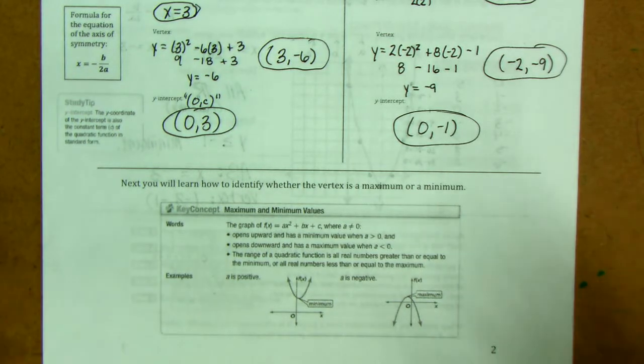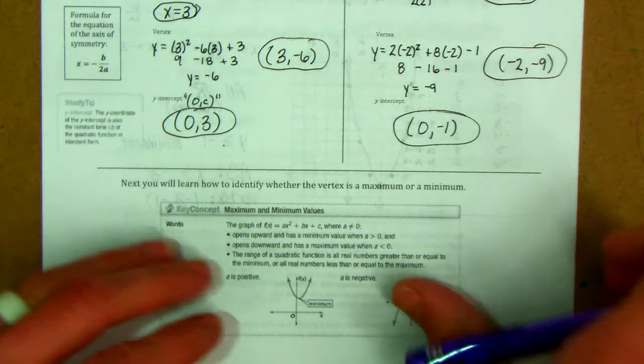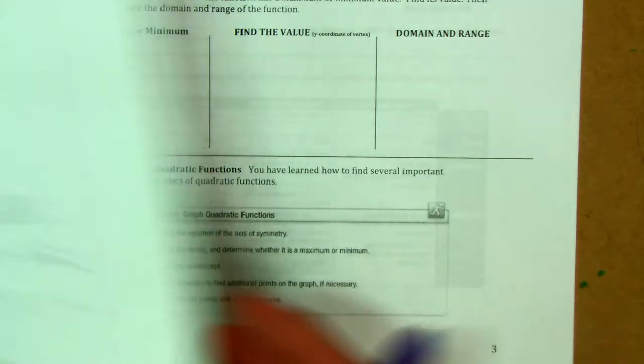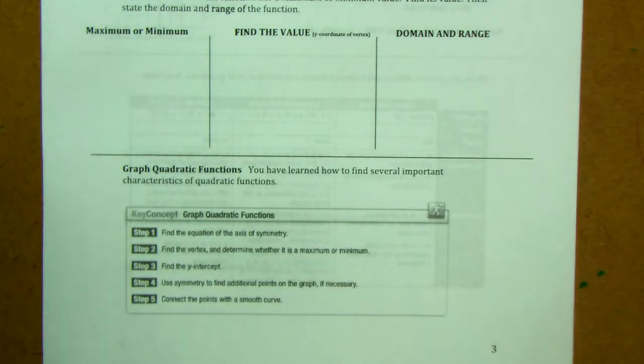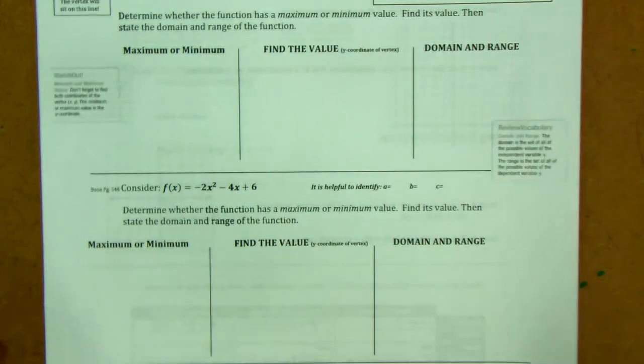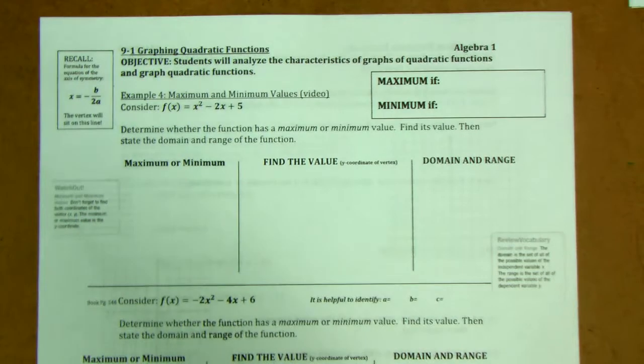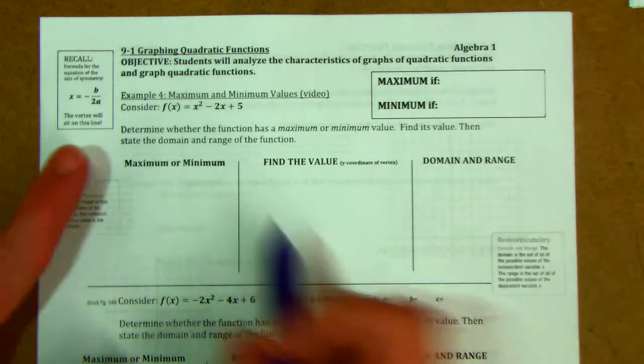So we are starting for this lesson on the top of the second page. Here's our function, f of x equals x squared minus 2x plus 5. First we want to consider, is it going to be a minimum or a maximum?